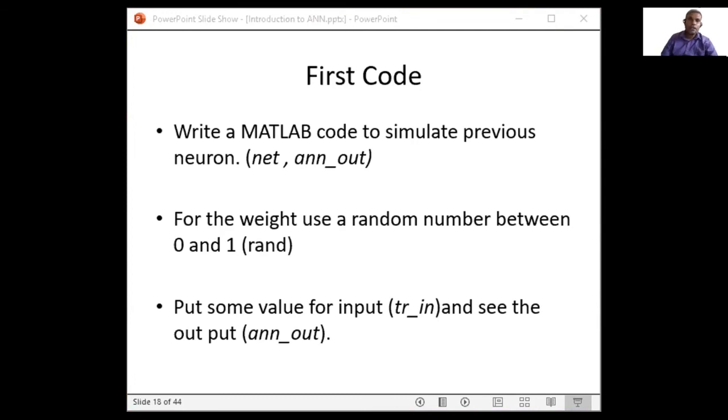But in addition, you can use it in the following neurons. So you can display the output, and also assign the output to something called ANN out. The output should be ANN out. That's the variable, the one you see here. So you can say ANN out is either 1 or 0 based on that.